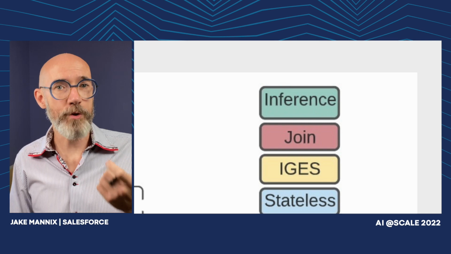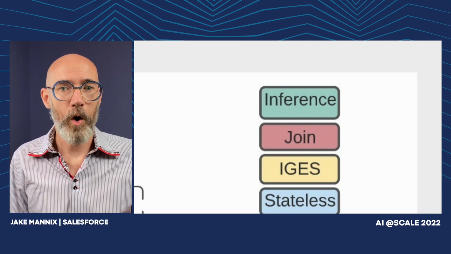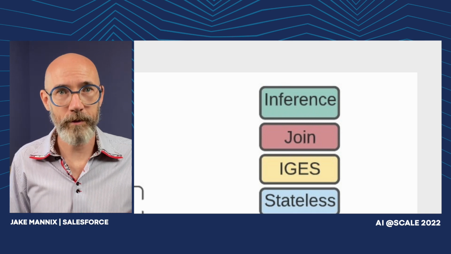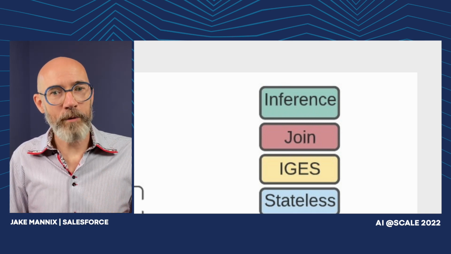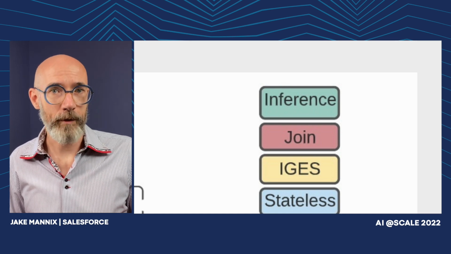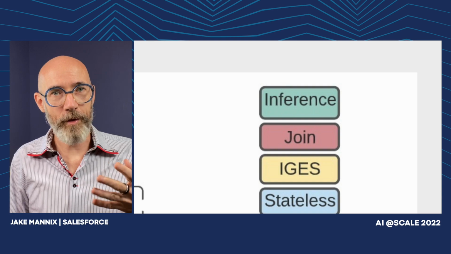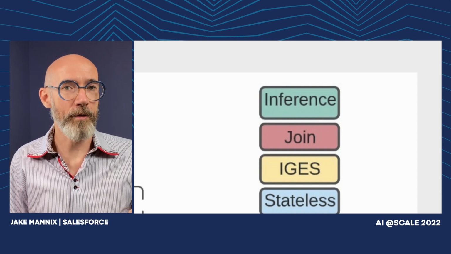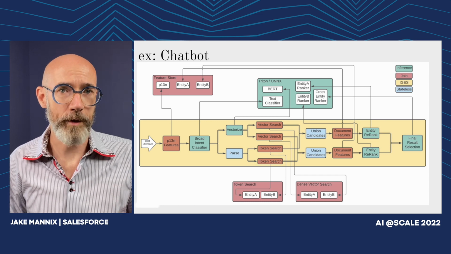Are we doing a data join on a key value, similarity, or SQL store? Are we doing stateless functions as a service, just code, no data? And then this thing that I'm calling the Inference Graph Execution Service, IGES, that's stitching it all together. These are the 4 distinct kinds of things that are happening in this chatbot, color-coded.